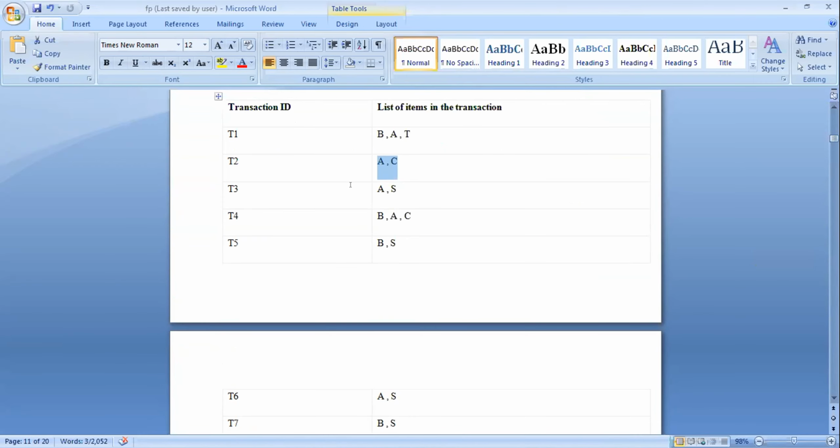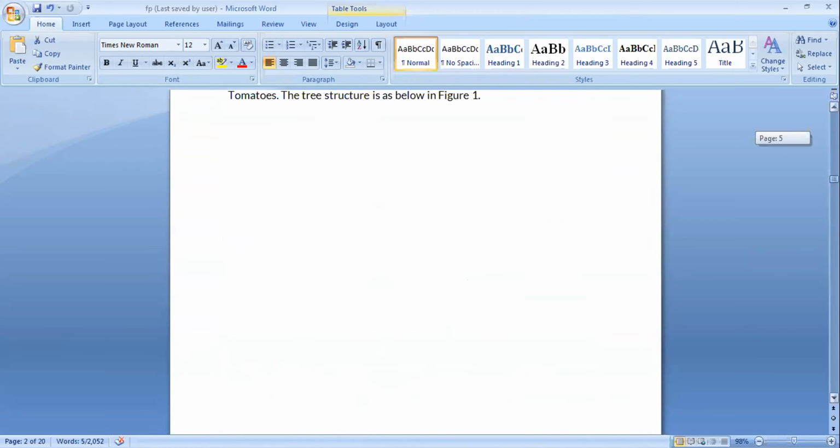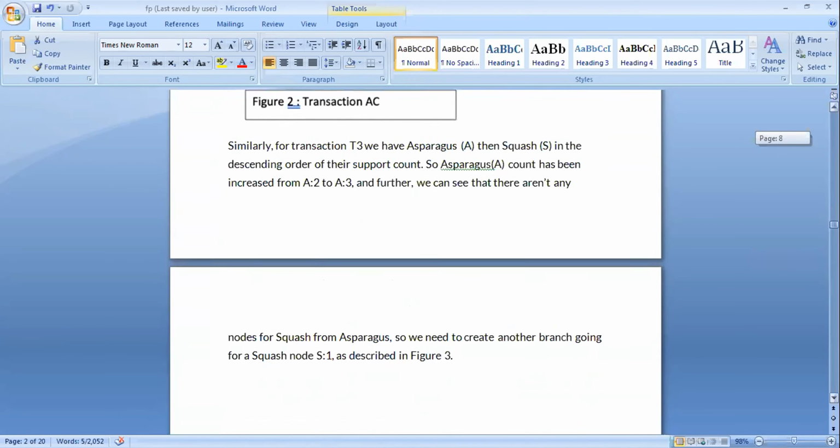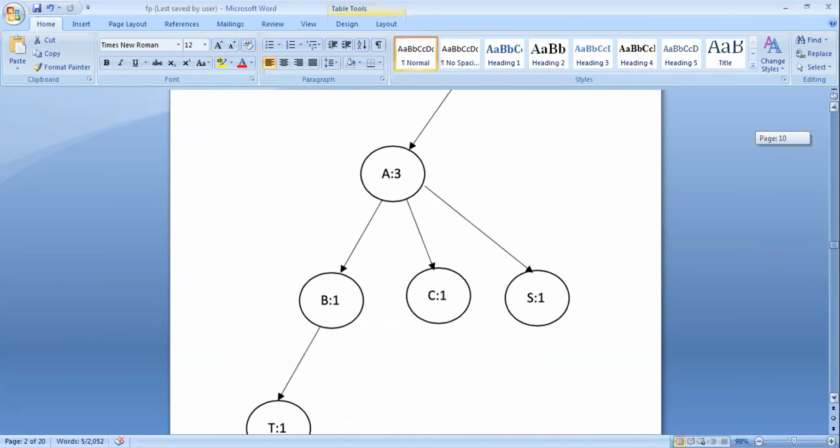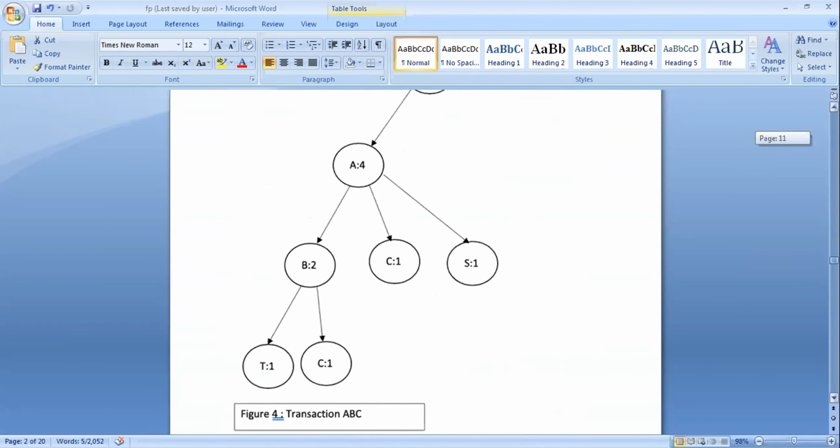In the fourth transaction, you get BAC. BAC you have to represent here. This is the B. B is incremented to 1 and A is incremented to 1.